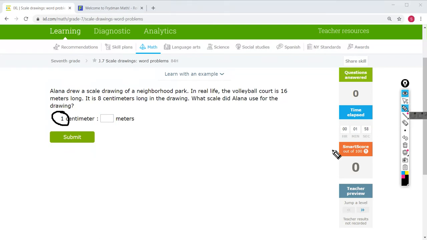First we're going to write down the 8 centimeters and 16 meters. We have 8 centimeters corresponds to 16 meters, and we want the 1 to be in front of centimeters.